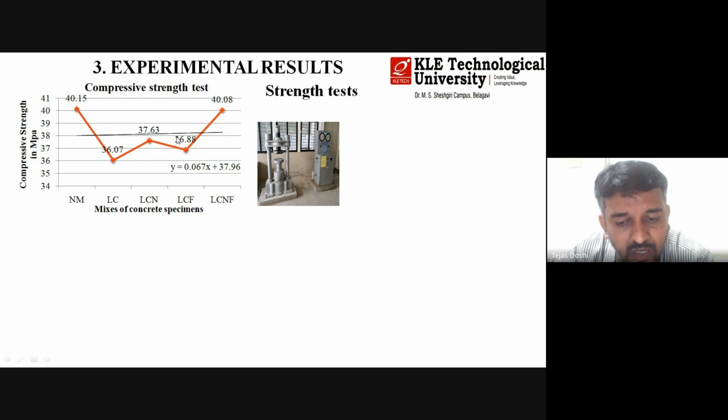The most important thing is the LCNF and NM have similar strengths. The addition of TiO2 and lathe fibers in LCNF has compensated for the potential reduction in strength due to inclusion of calcined clay and lime. The LCNF mix has a well-balanced composition of calcined clay, lime, fibers, and titanium dioxide, which collectively enhances the strength.